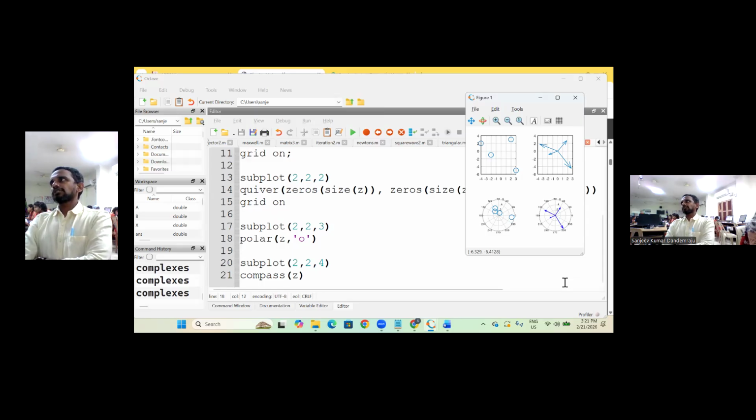So where the angle is tan theta given by y by x, or imaginary part by real part, and magnitude is square root of a square plus b square, square root of x square plus y square.